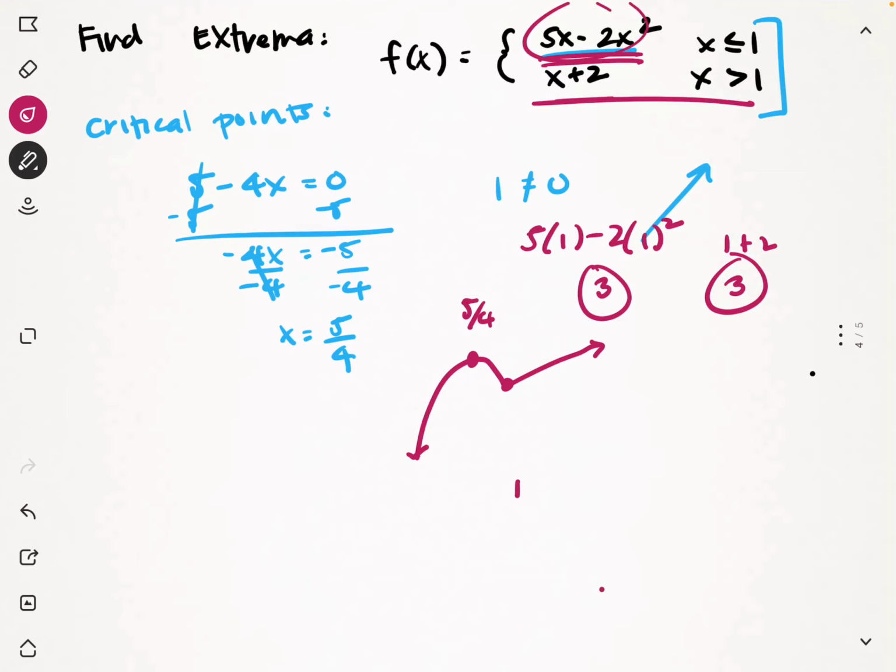And then we have this one here. Did I write this backwards? For x is greater than 1, maybe? Hold on. Less than or equal to 1.